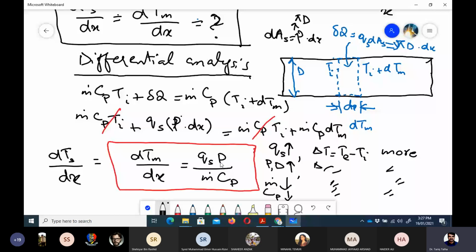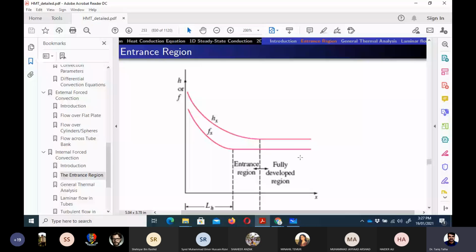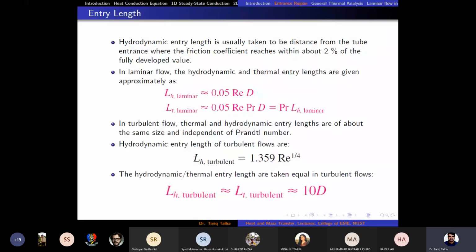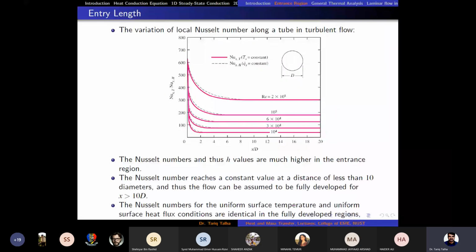Right. So we can quickly see this through the slides and the things we have discussed. I have already told you about the 10 diameter thing: after 10 diameters of pipe length, the flow can be safely taken as fully developed.